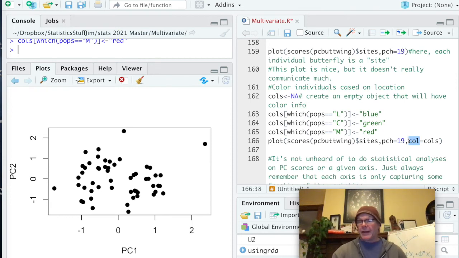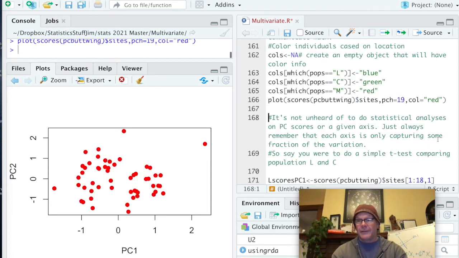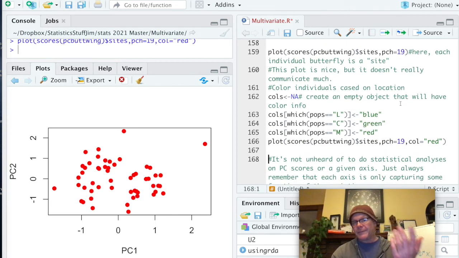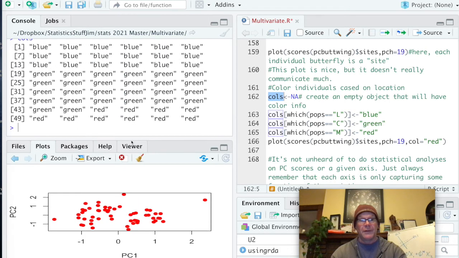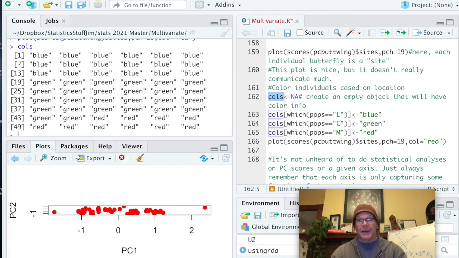And instead of just typing in a single color, you know, if I had done red, well, then they'd all be red. And granted, that maybe looks prettier than if they were all black, but it still tells me nothing. But if I put that vector of colors in there, because I've now created a vector called culs, which is identifying all those different populations as different colors. And so I'm going to put that in there, and then we can go to Fancy Town.